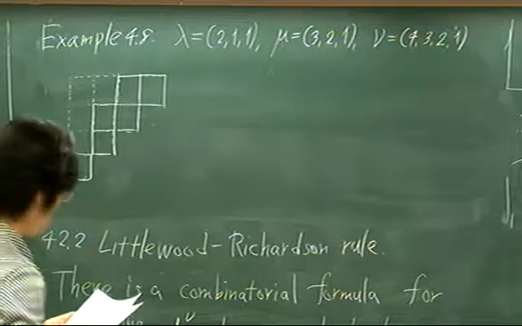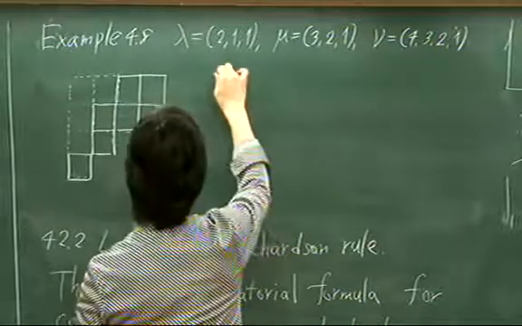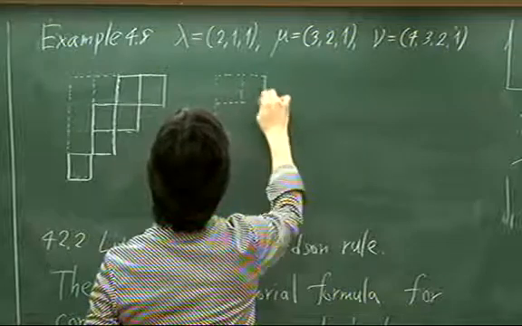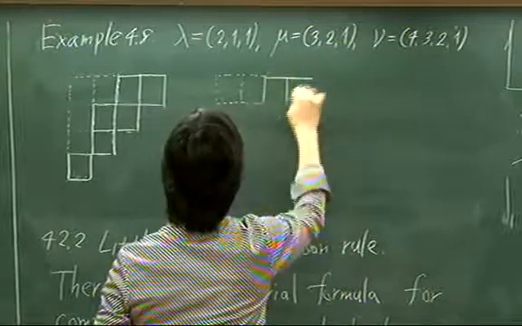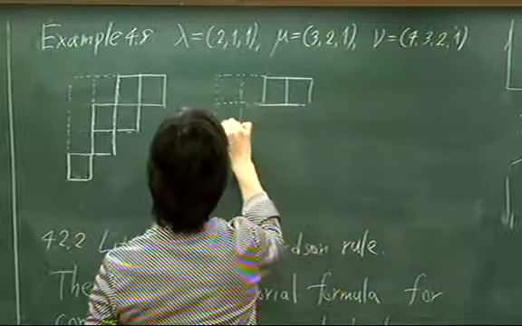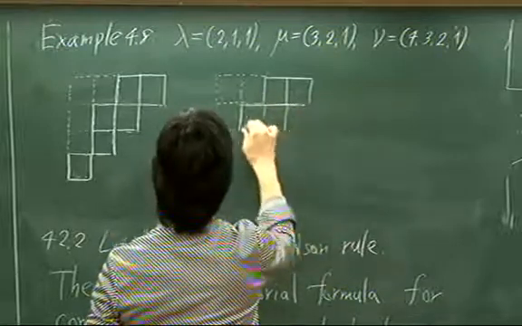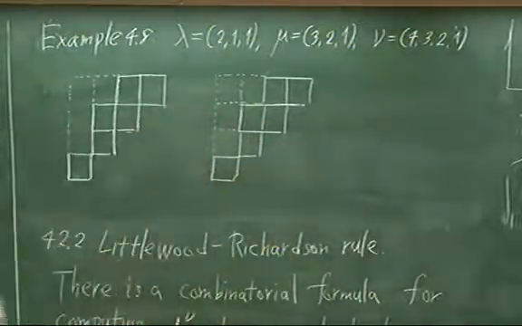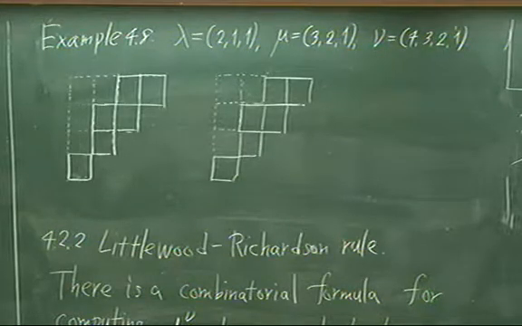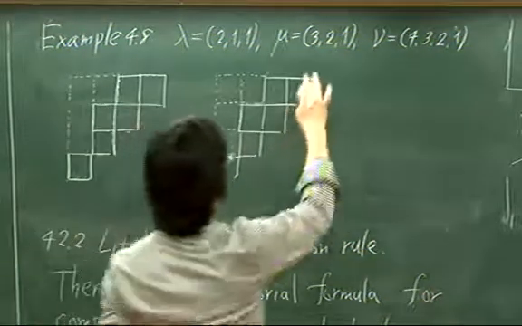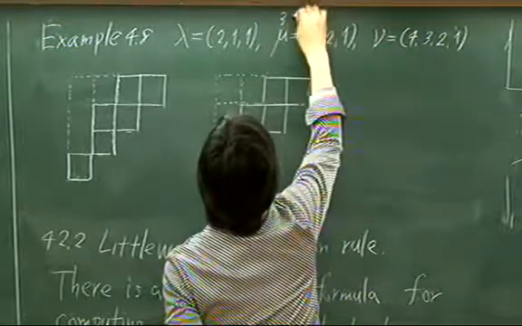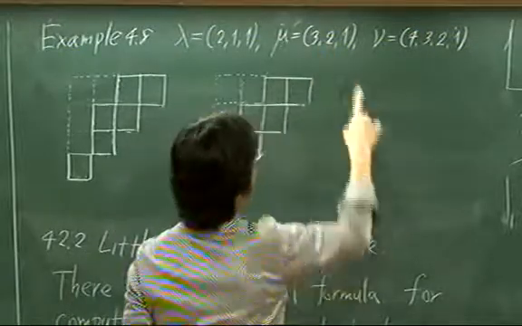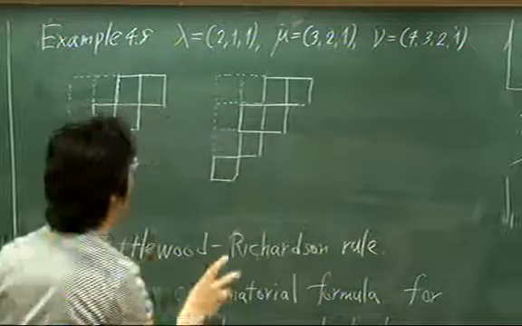And we need the content, or sometimes weight, content mu means three ones, two twos and one three.